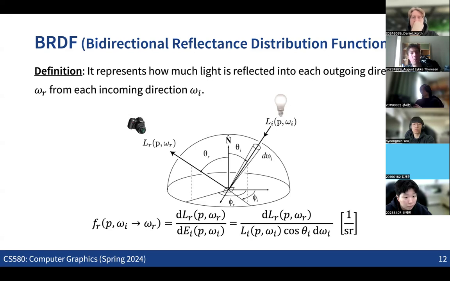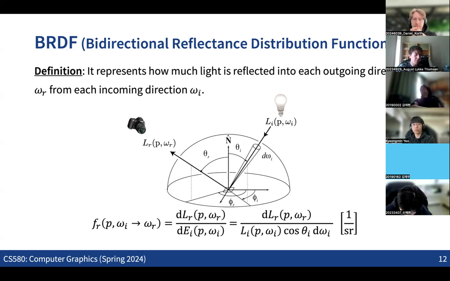BRDF is the function which takes both the incoming direction and the outgoing direction. These directions can also be represented with spherical coordinates, which means this function takes four numbers: two numbers for the incoming direction and another two numbers for the outgoing direction.